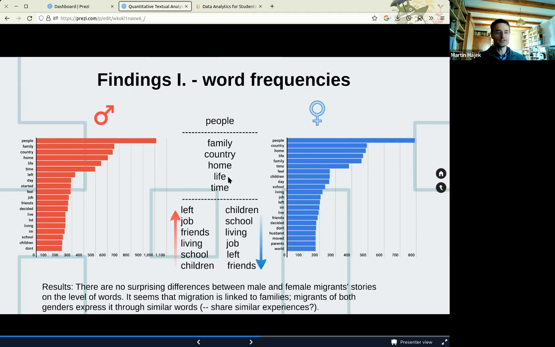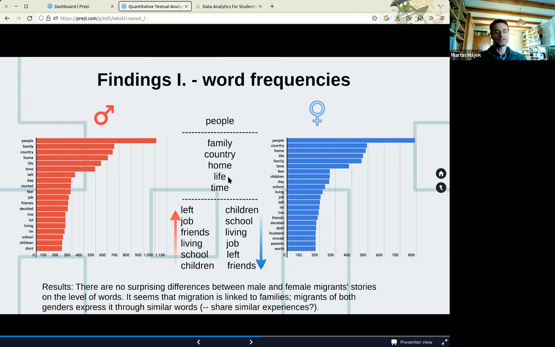And also, what was surprising for me is that migrants of both genders express their experience as migrants in similar words. And the question for further research is whether they share similar experience, or whether the stories are just similar because they are short and they didn't have enough time to elaborate, so they just put the main things: I am so-and-so, I left this country, I went to school, something happened.